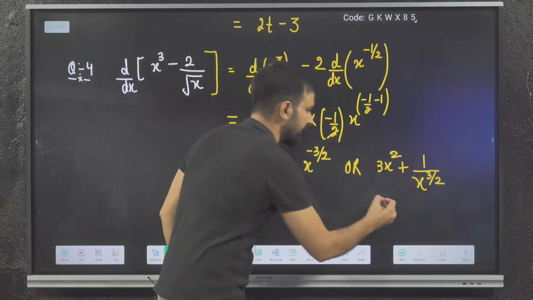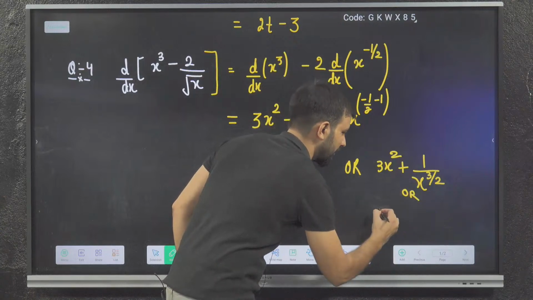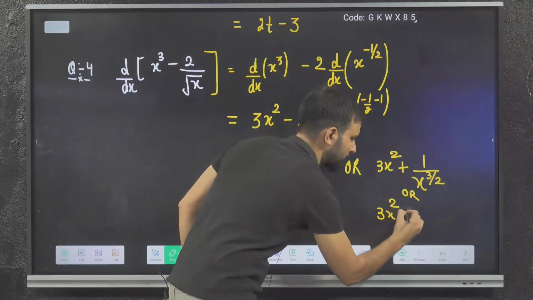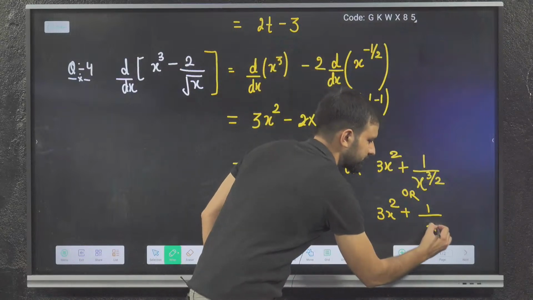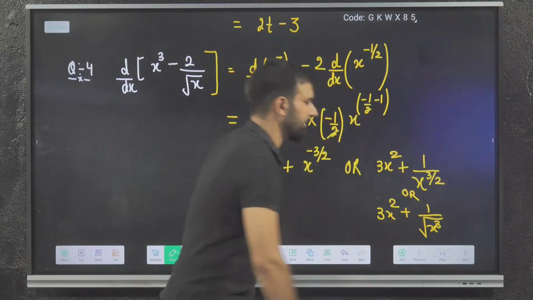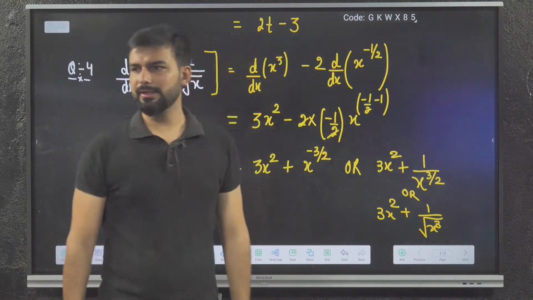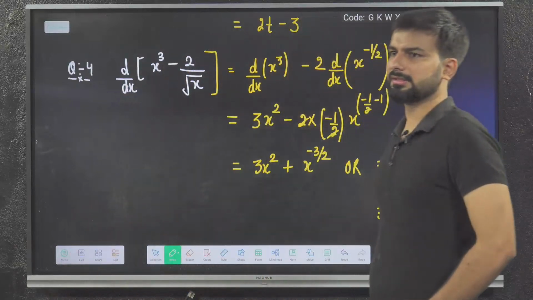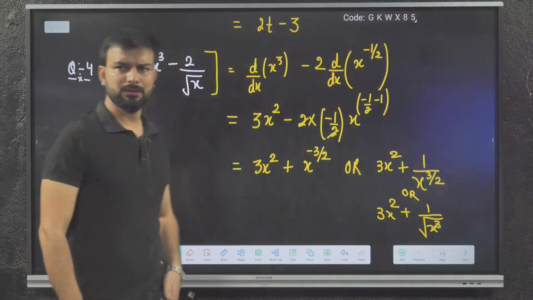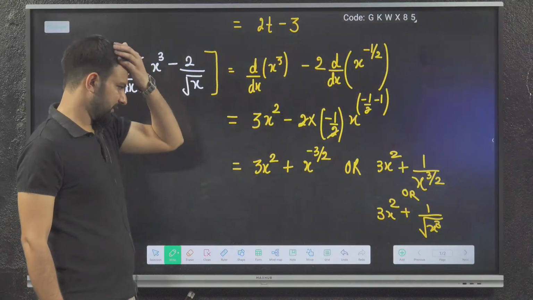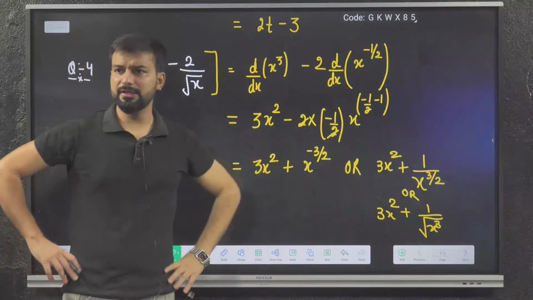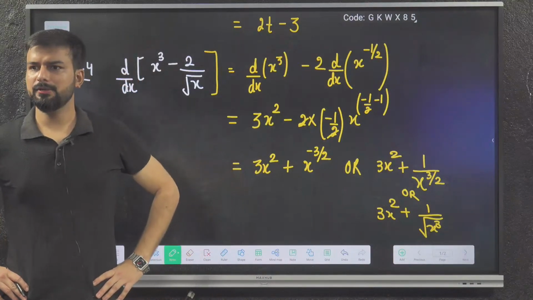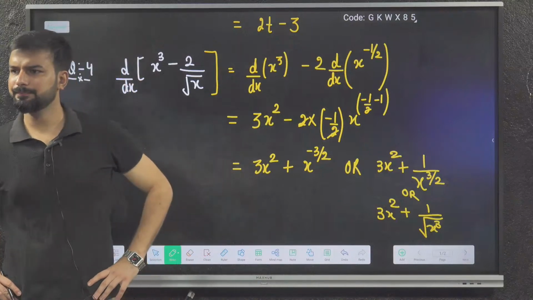Or we can also write it, so many ors are coming here, as 3x square plus 1 upon root of x cube. This is the answer you are getting. I hope this is clear to everyone. What is the answer we are getting here from these differentiation situations? I hope this is clear to everyone.